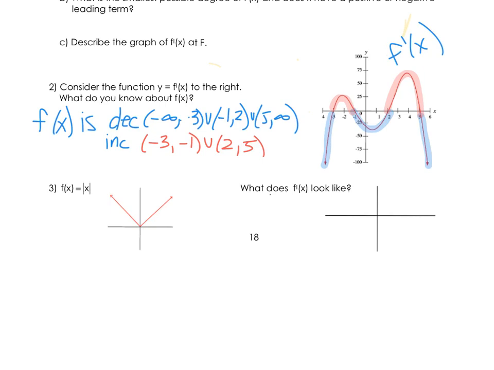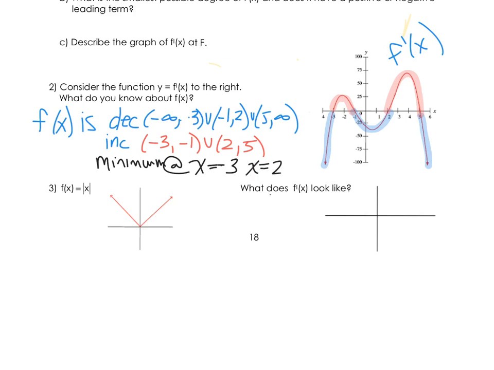Okay, so what do I know about the x-intercepts? Well, all of those clearly cut through the x-axis, so they're all turning points. I don't have any horizontal points of inflection, but I can be more specific. Not only do I know all 4 of those are turning points, I know that 2 of them are minimums. So I know that f of x has a minimum at x equals -3 and x equals 2.